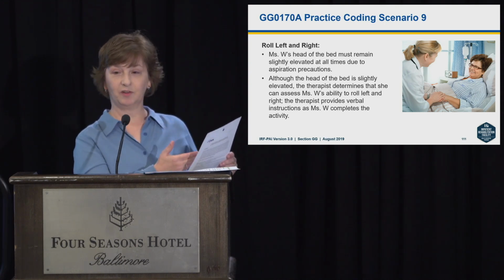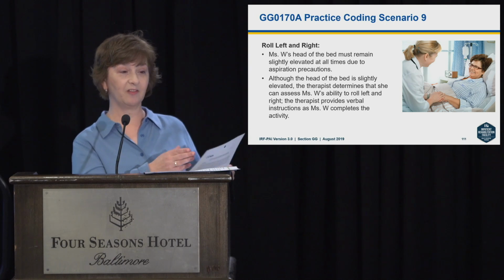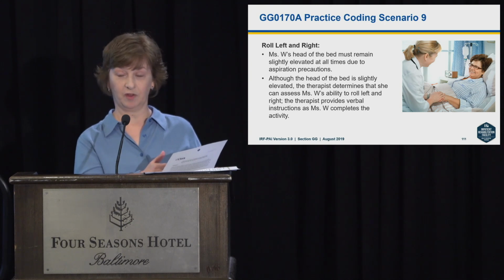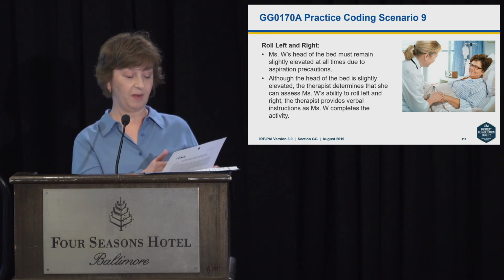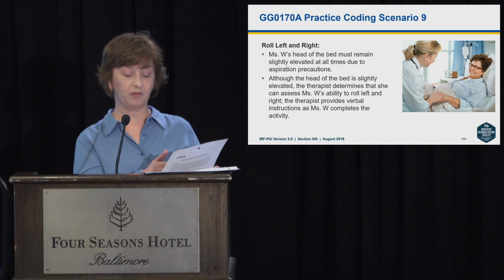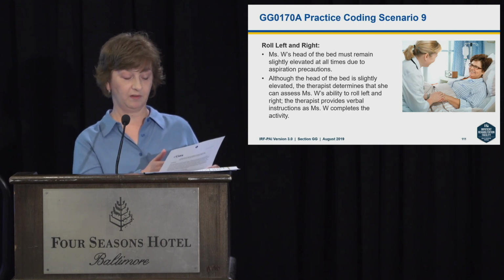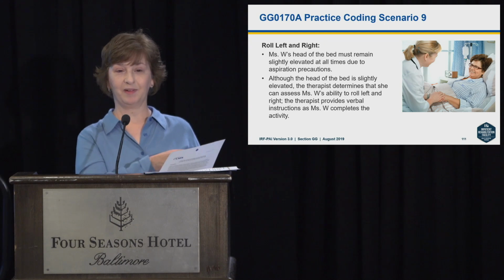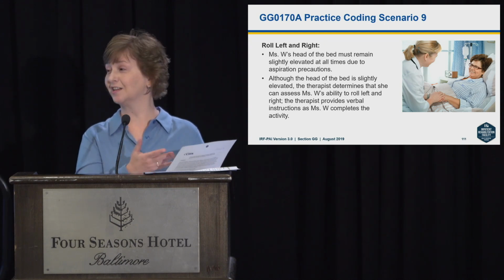So if you were new to this and were trying to figure out how to code it, you would look at the decision tree and say, okay, the first question basically asks whether the patient was able to complete the activity with or without assistive devices by him or herself with no physical or verbal cueing assistance or setup. So does that apply here? No, she did need some help.